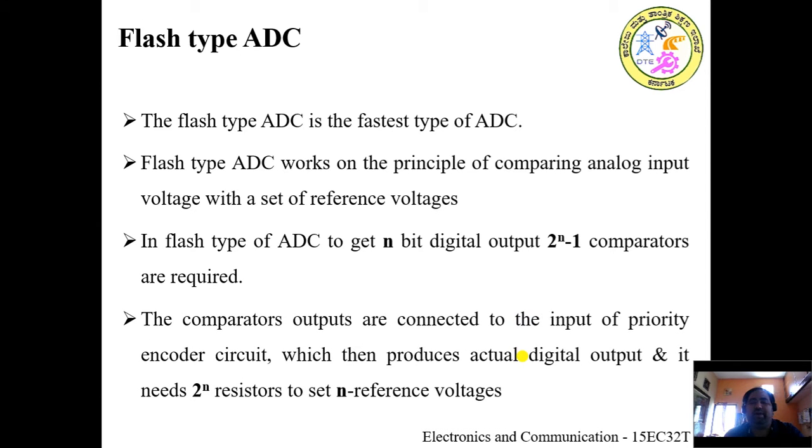The comparator outputs are connected to the input of a priority encoder circuit, which then produces the actual digital output, and it needs 2 to the power of n registers to set the reference voltages. So among the three techniques, the flash type of ADC is the fastest.